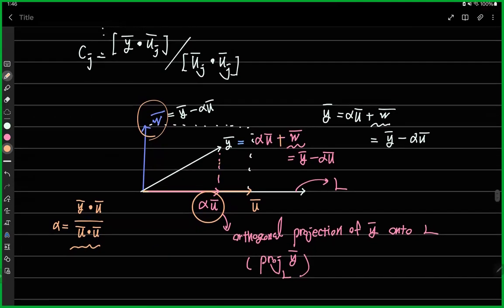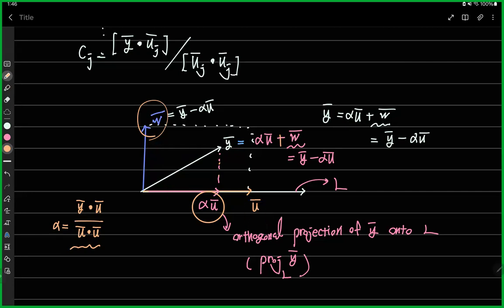To do that, we want to express a given vector y with a vector u, as a linear combination of vector u and other vectors, but the magnitude will be adjusted.